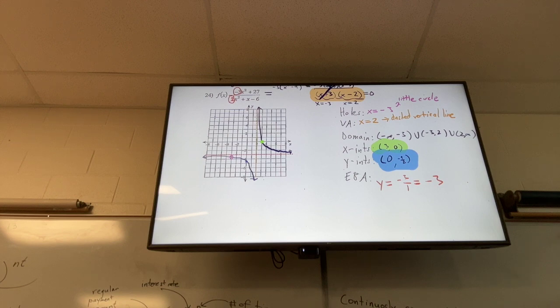When the degree of the bottom is bigger, the end behavior asymptote is just y equals 0, so it's just the x-axis. For x-intercepts, just say none. There are no x-intercepts because the top never equals 0.